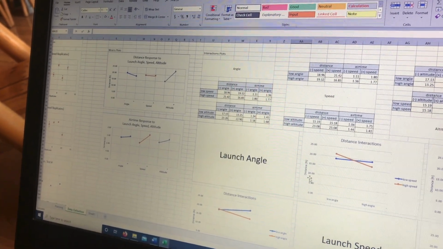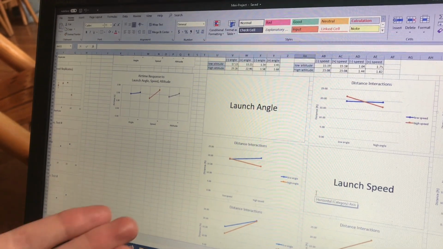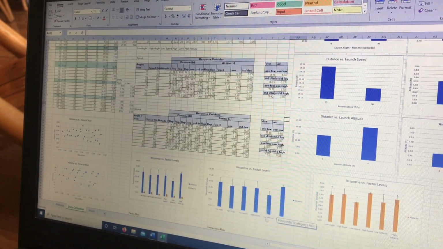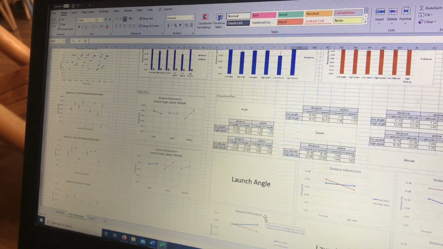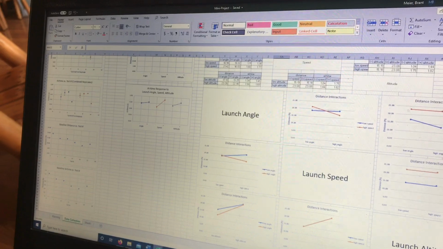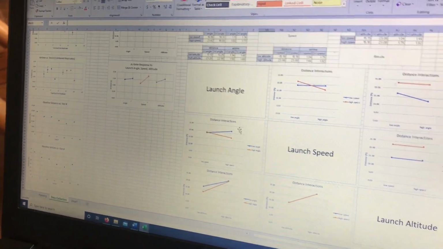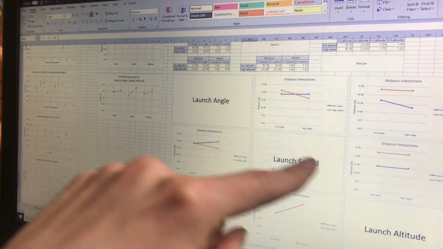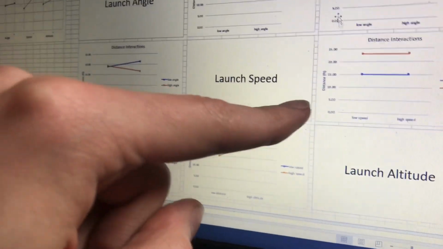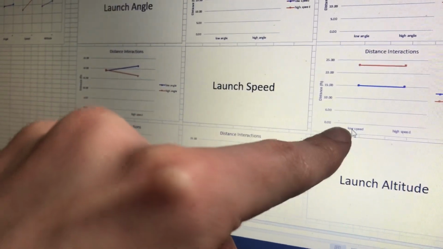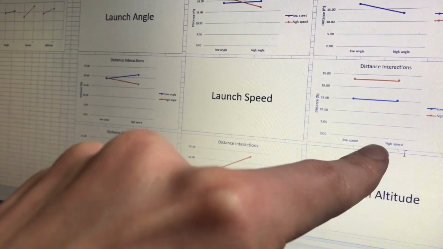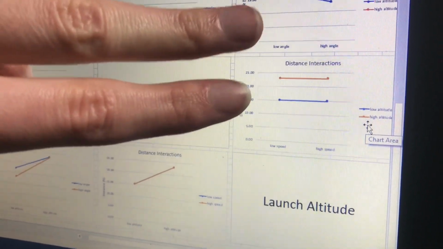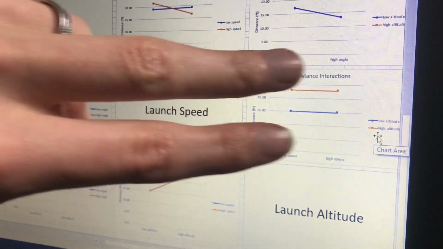And then I wanted to see the interactions between all these different variables. By interactions, I mean that sometimes your variables may be affecting other things so that they compound. This is showing, for example, when we're looking at the speed that we launched and the altitude that we launched from, apparently those both affected the distance the same.